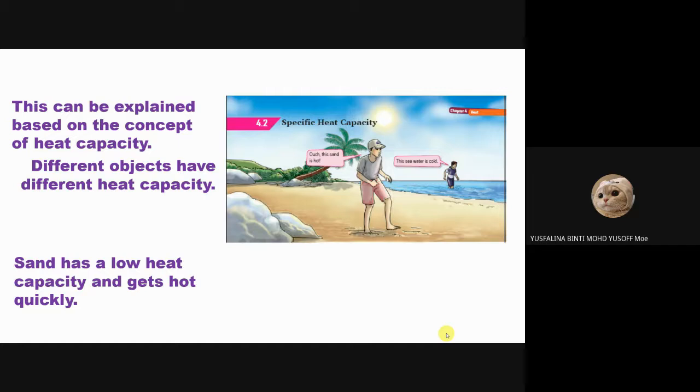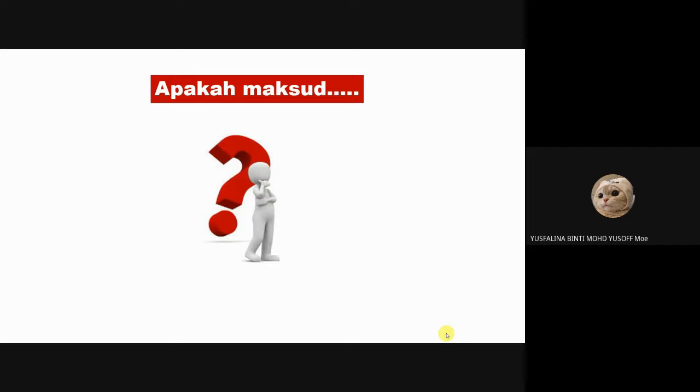Sand has a low heat capacity and gets hot quickly, while water has a high heat capacity, so it heats up slower than the sand. Let's go to the next one.